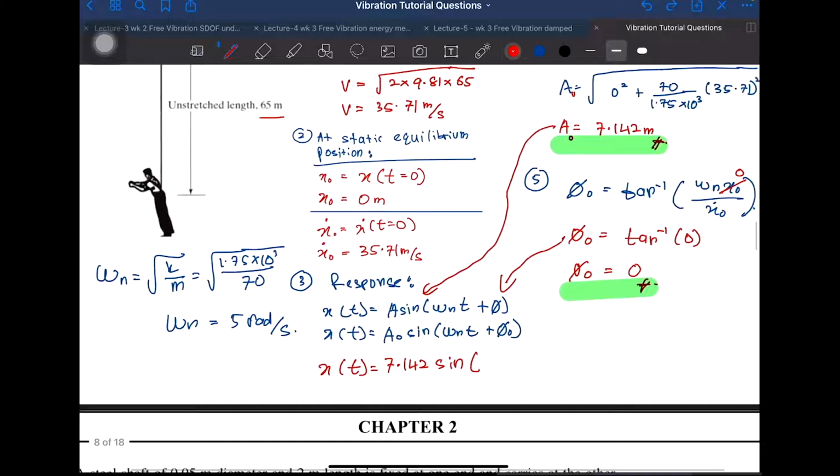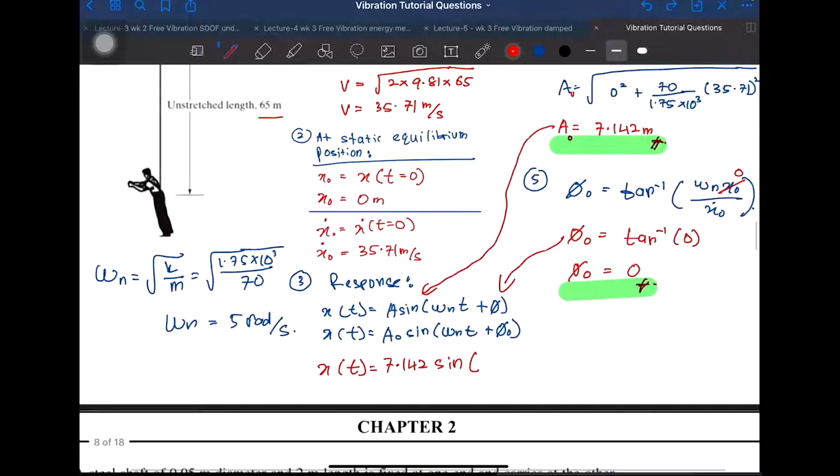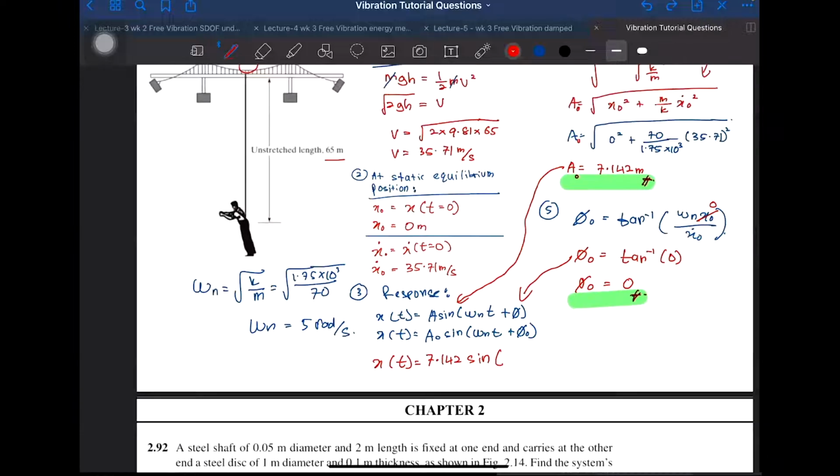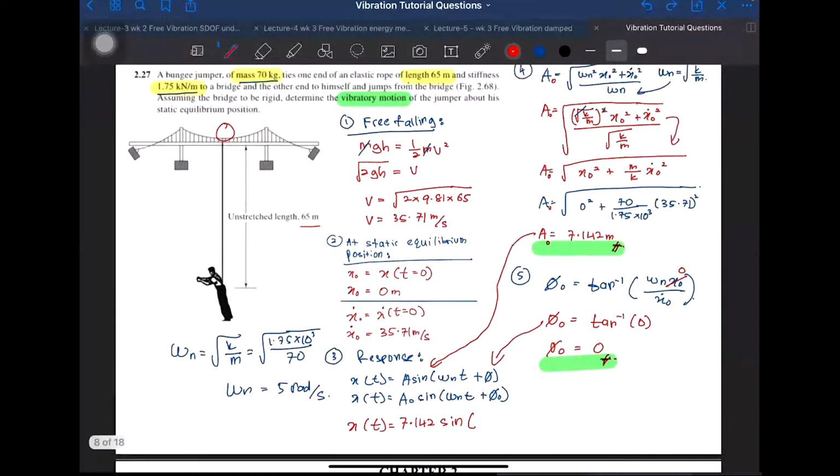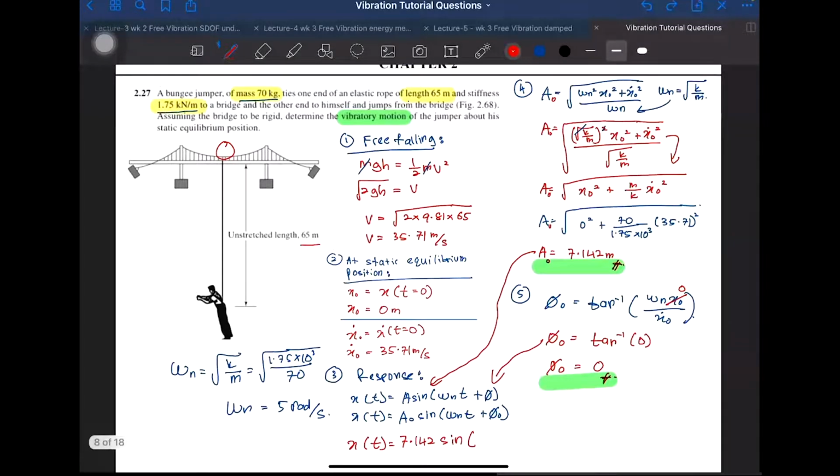But I found a different answer if I calculate the omega n first. You find a different answer if you calculate omega n first.